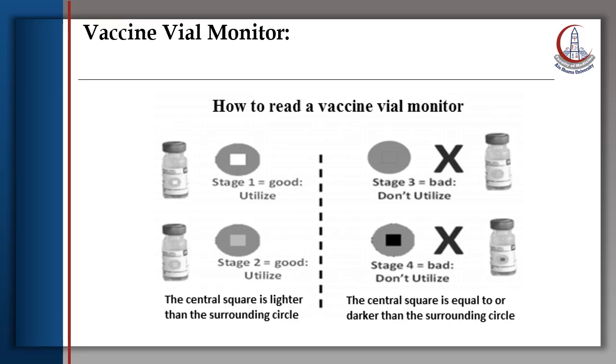But here in stage 3, the central square is equal to the surrounding circle. Here the vaccine can't be used. While in stage 4, the central square is darker than the surrounding circle. Here also the vaccine cannot be used.